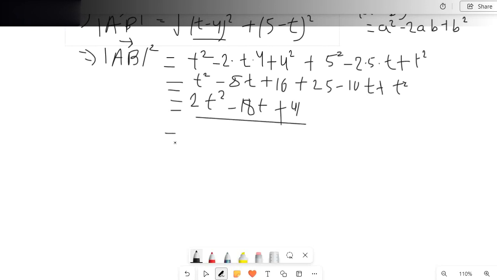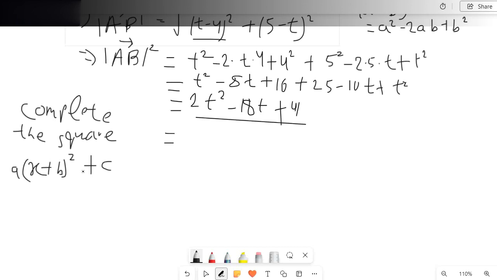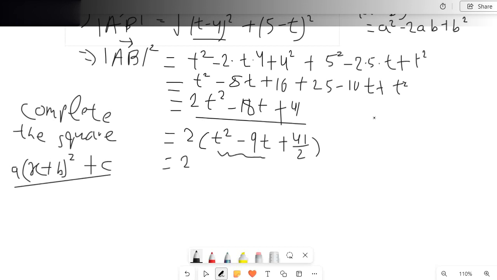So in order to do that, we need to complete the square, meaning we have to express the quadratic in the form of a into (x plus b) whole square plus c. And in order to do that, first of all, we need to take a common factor of 2. So we have t squared minus 9t plus 41 by 2. Now we have to compare this part with (a minus b) whole squared, which was mentioned before, being a squared minus 2ab plus b squared.